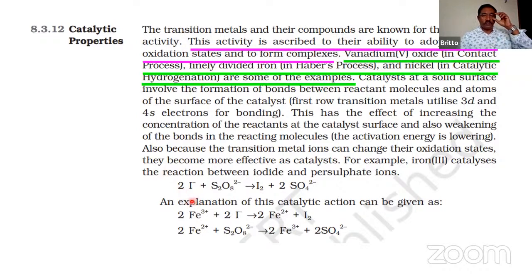For example, iodide and then persulfate ion. Iodide and persulfate ion pathinga appadina, it is a slow reaction, and if you want to increase the speed, you add iron 3 catalyst.